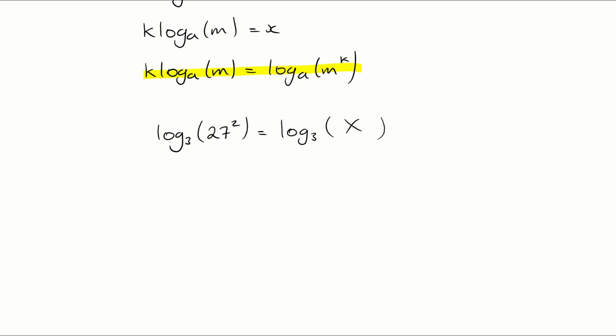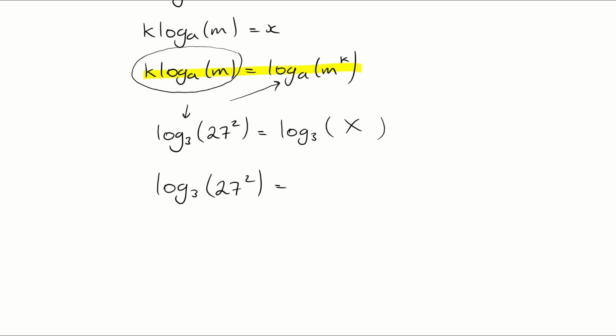However, with this rule, if we compare what this bit here looks like in comparison to the right-hand side of this equation, we can see that they're identical. Our a is our 3, our m is our 27, and our k is our 2. So I can write that as it appears on the left-hand side. I can rewrite log to the base 3 of 27 squared.